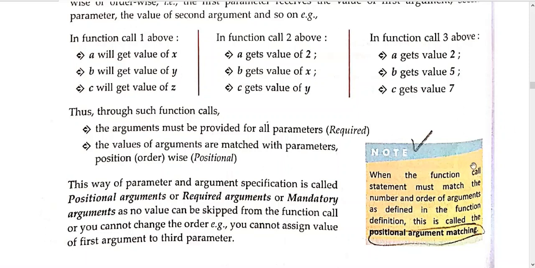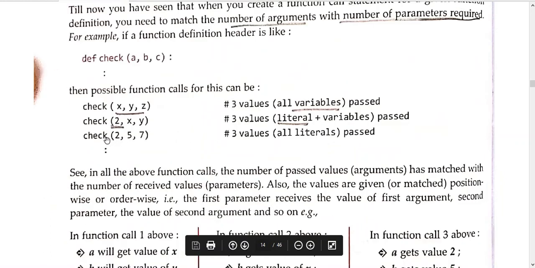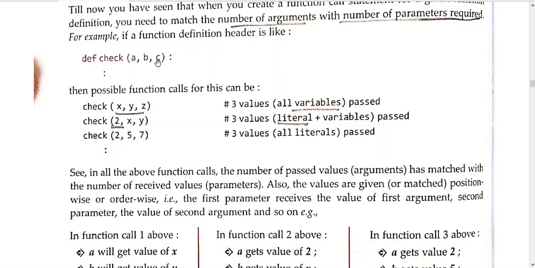This we should note: the function call statement must match the number and order of arguments. See, if you have defined three variables here, you cannot pass two values. You can do it in one case only, if you have defined c as a default argument.